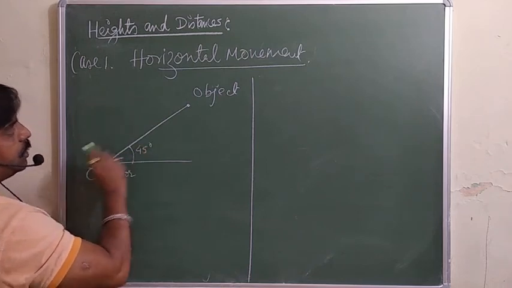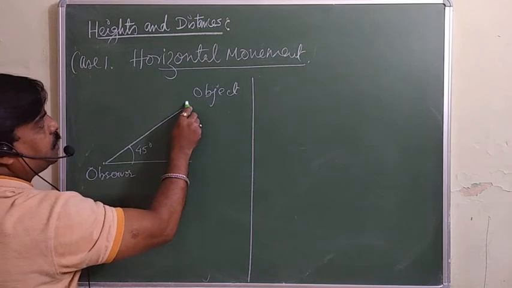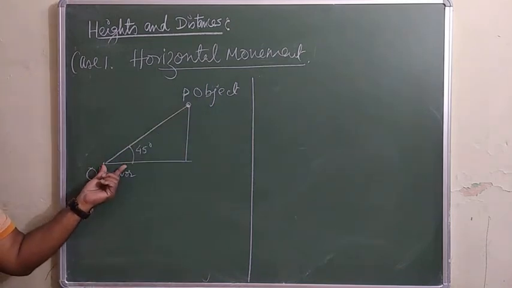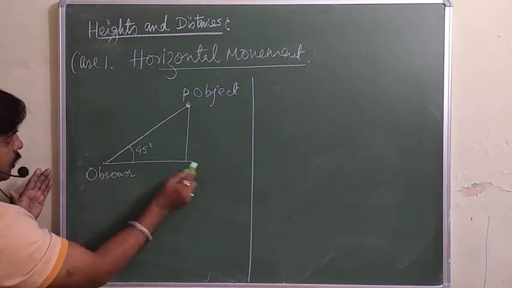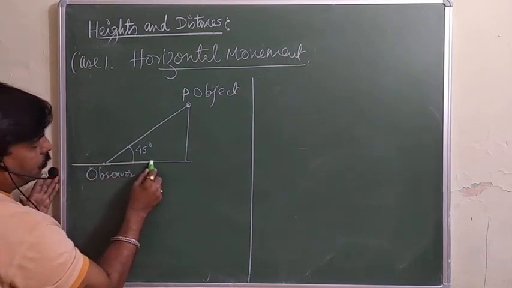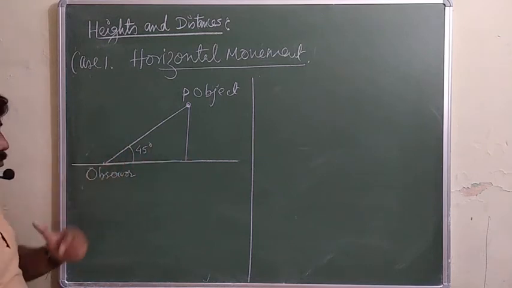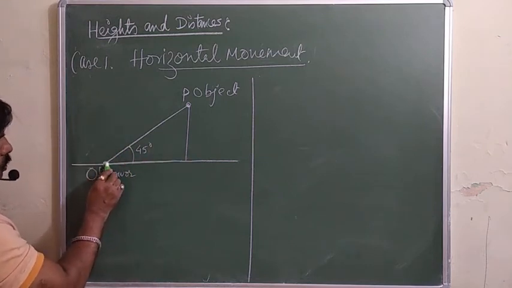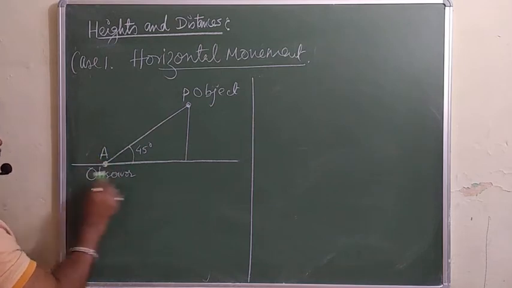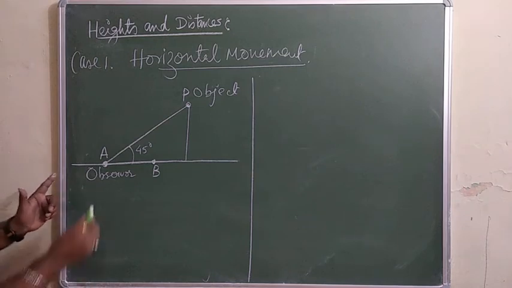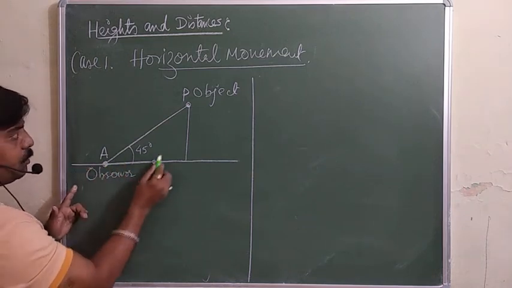Now if you are moving horizontally, this is your horizontal line. Suppose your position used to be here. अब आपकी position यहाँ थी. Now you become here at the place B. You move from place A to B. आप A से B पर आ जाते हैं.